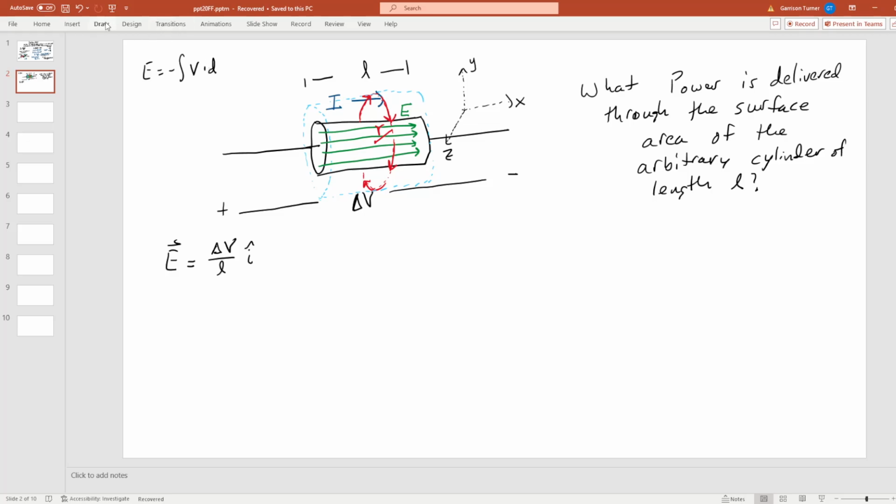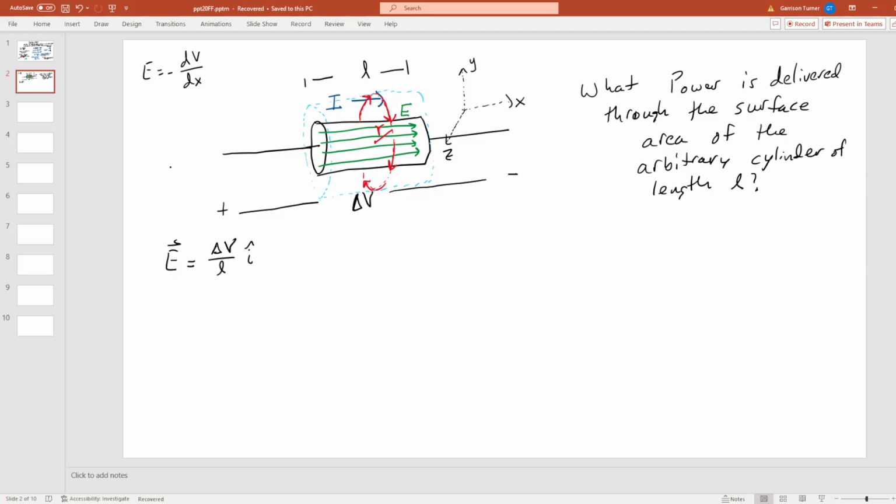E is the negative derivative of your potential.